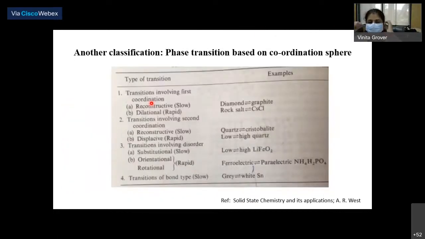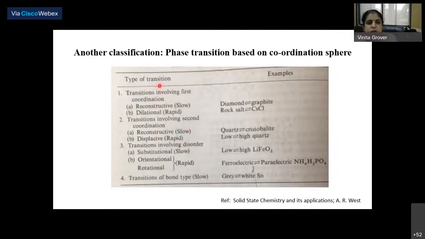Now there's another classification, which is based on your reconstructive and displacive. That is why I don't teach it separately. But since it is mentioned in A.R. West, which, as I told you, is the book I follow, I thought it is good if you know that.